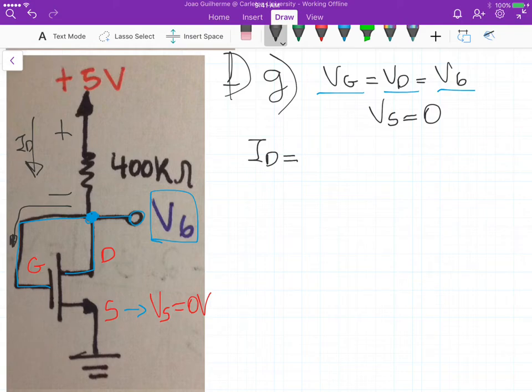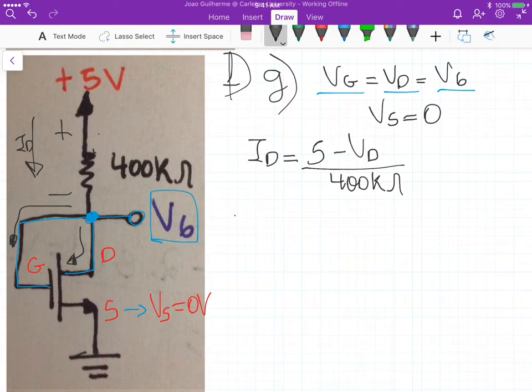So this current that's flowing through this resistor is the same that's flowing here at the drain. So that's the reason we can assume ID as the same current that's flowing through that 400k ohm. So in this case, ID is 5 minus VD. So I'll call it VD here. It could be VD, VG, or V6, but I will use VD. Okay, divided by the resistance. So it's 400k ohms. And that's the equation that we have for ID.